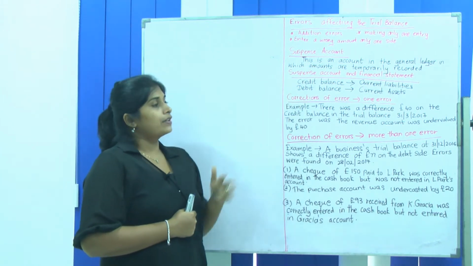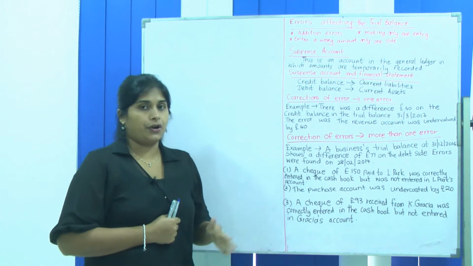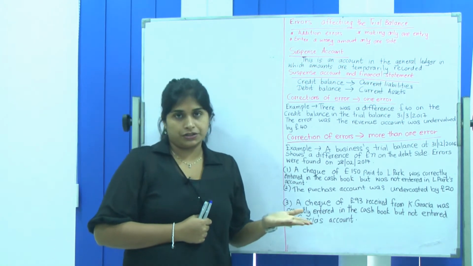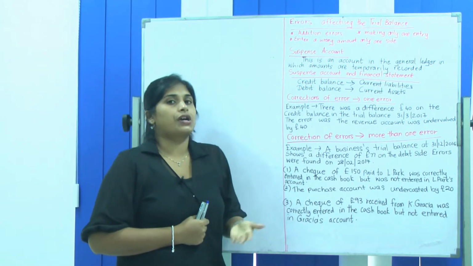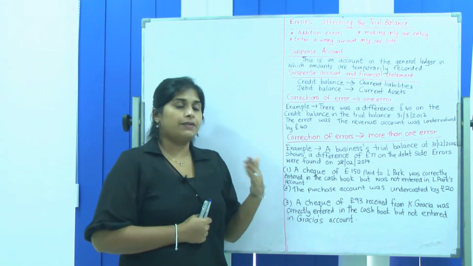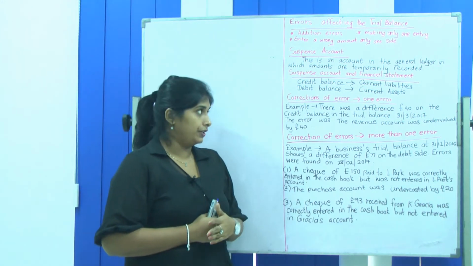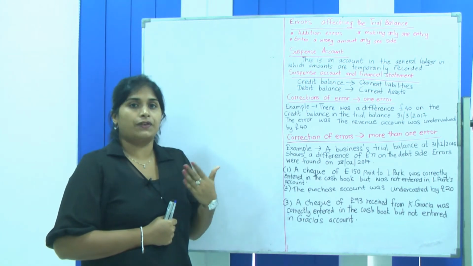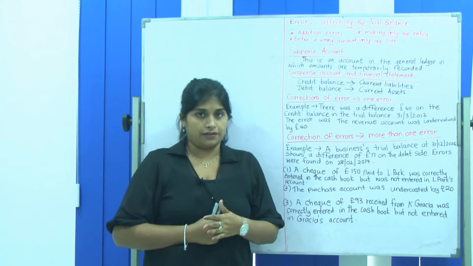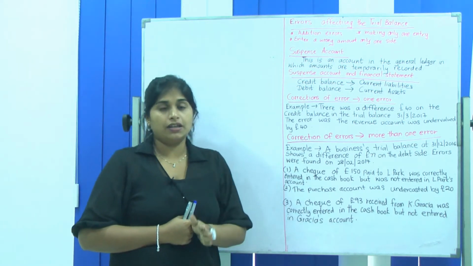However, after recording in the ledger accounts, when you balance off the ledger accounts and transfer all the amounts to the trial balance, and you start to tally the trial balance, if the debit column is not agreeing with the credit column, the business bookkeeper will start to find out why there is an error, why the debit column of the trial balance does not agree with the credit column.